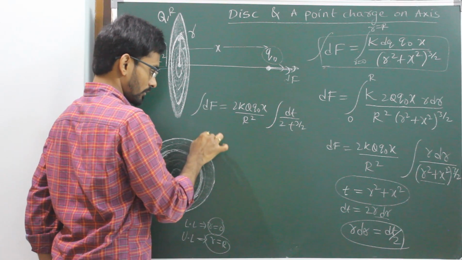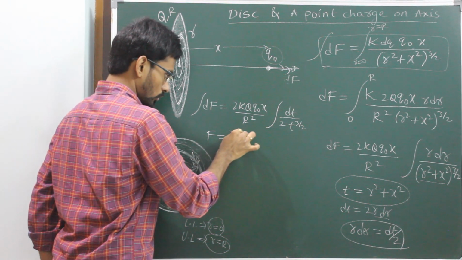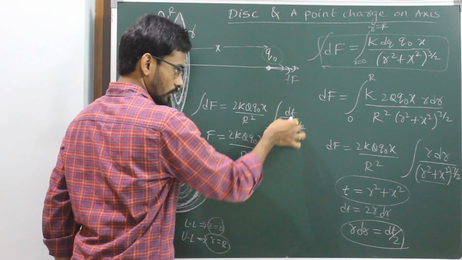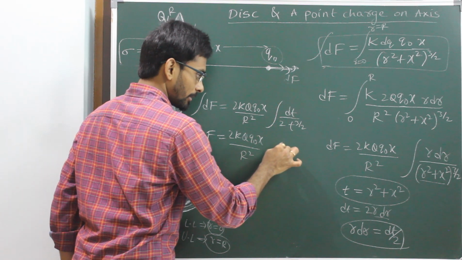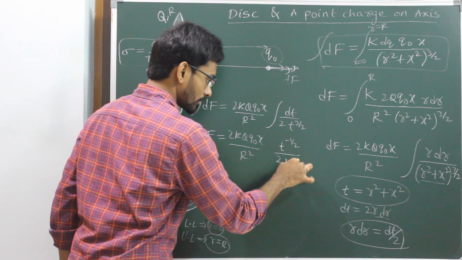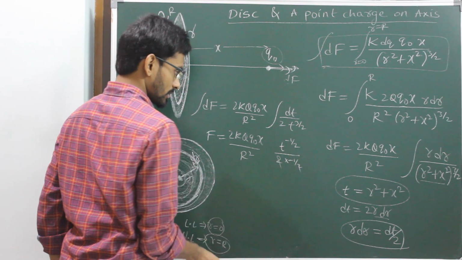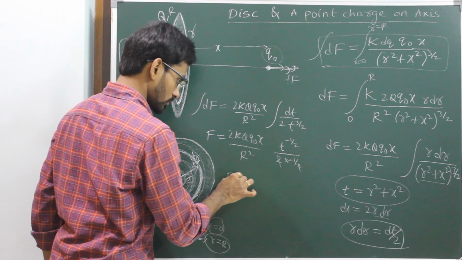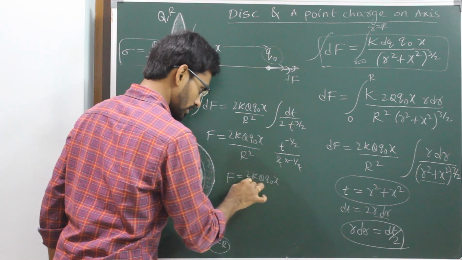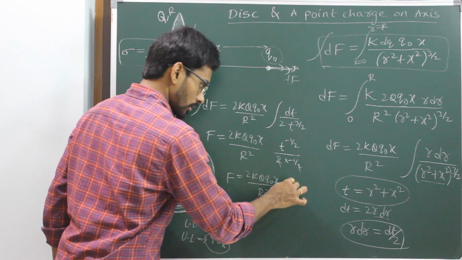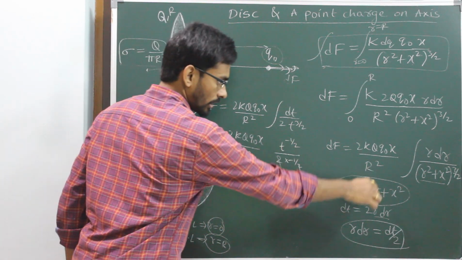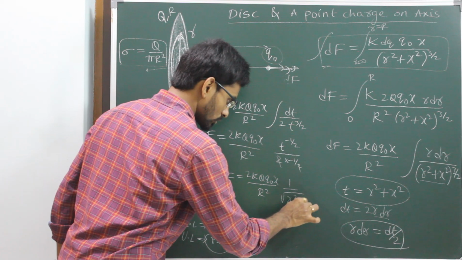So F will be equal to 2kQ into q naught into x by R square into t power minus 1 by 2 by 2 into minus 1 by 2. So the 2 gets cancelled, and we'll get F equals 2kQ q naught into x by R square into 1 by root t, where root t means root of r square plus x square.